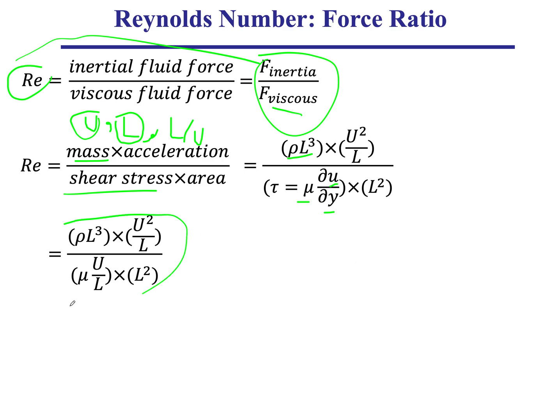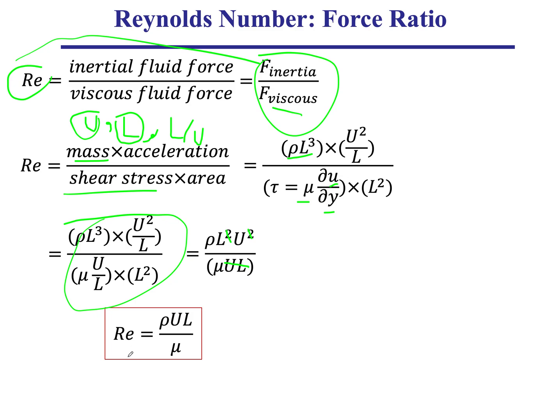If we look at this now, let's try to clean it up. We get rho L squared U squared on top, and UL at the bottom. So the UL cancels with each of the squares, and I end up with the Reynolds number that we're familiar with. So in fact, the Reynolds number is a force ratio. It's a measure of the effect of inertia to viscosity.